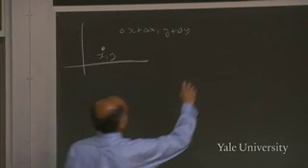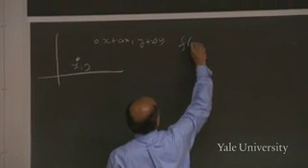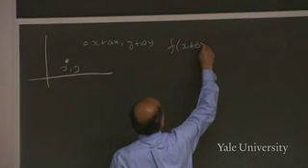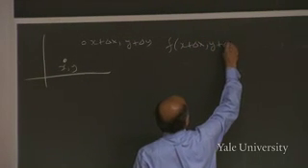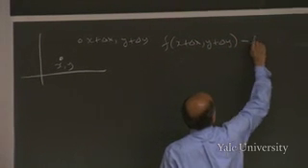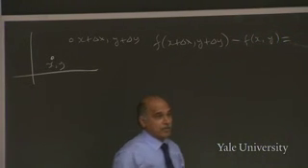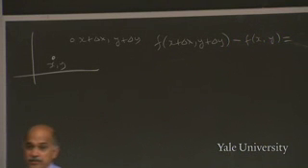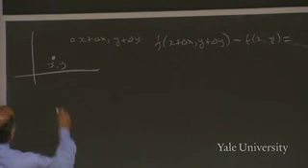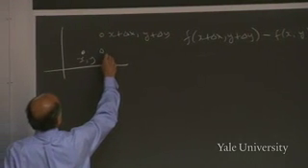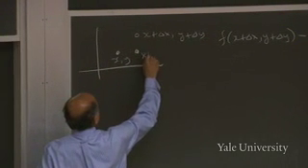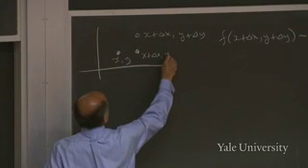So I'm asking you, what is f of x plus delta x, y plus delta y minus f of x, y, for small values of delta x and delta y? If the points are neighboring, what's the change? So we're going to do it in two stages. We introduce an intermediate point here whose coordinates are x plus delta x and y.